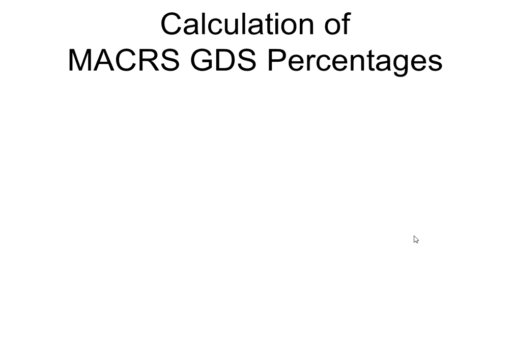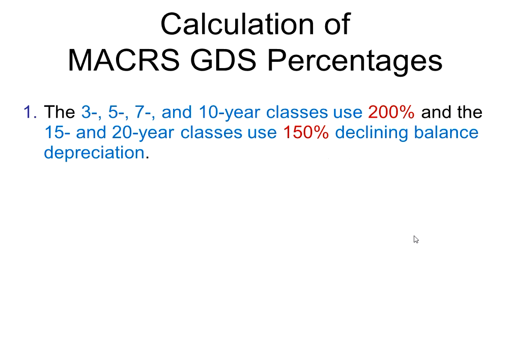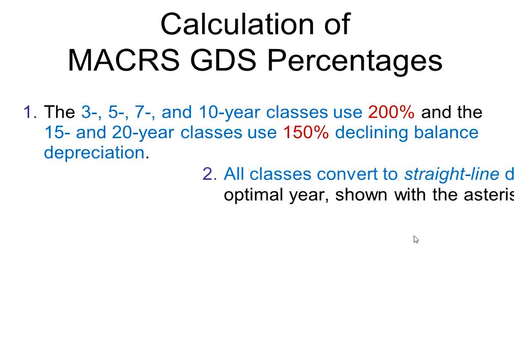Alright, so let's take a look at the calculation of MACRS-GDS percentages to understand how those rates are determined. The 3, 5, 7, and 10-year classes use double declining balance, 200%, and the 15 and 20-year classes use 150% declining balance depreciation.